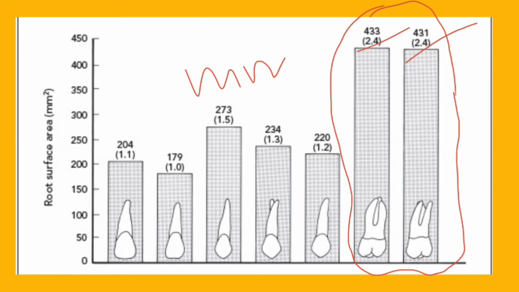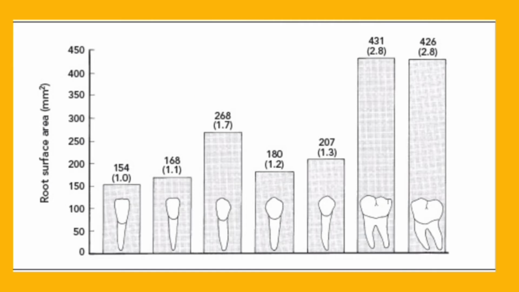Millimeter square is the unit. And maxillary second molar 431 millimeter square. When we come to the mandible, here the largest is 431 for the mandibular first molar, which is the same as the maxillary second molar. And you must also know the least value. Least is for your mandibular central incisor, which is 154.